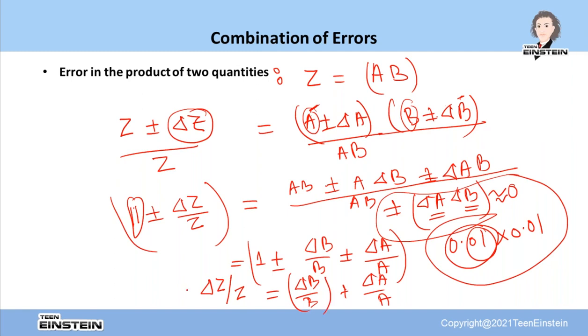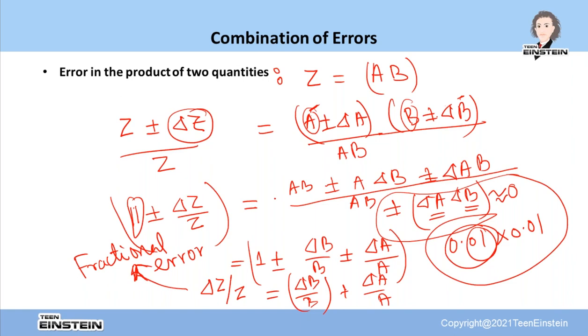What are these called? These are called fractional error. This is called fractional error.